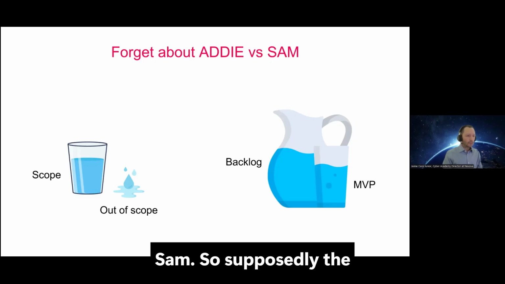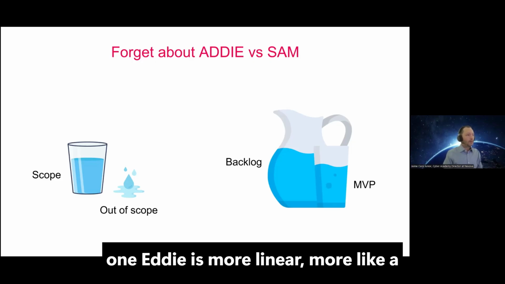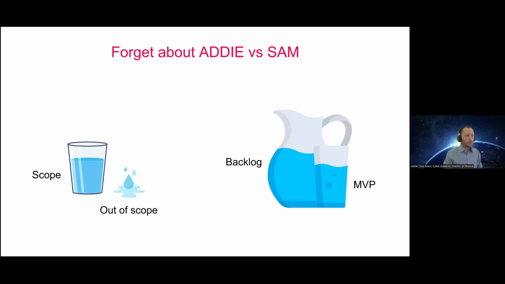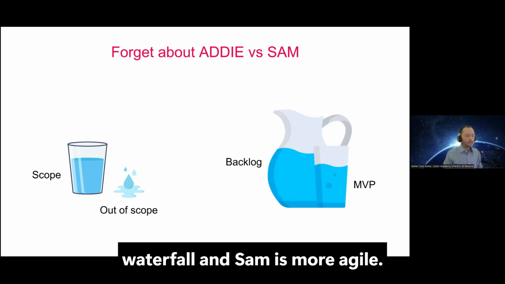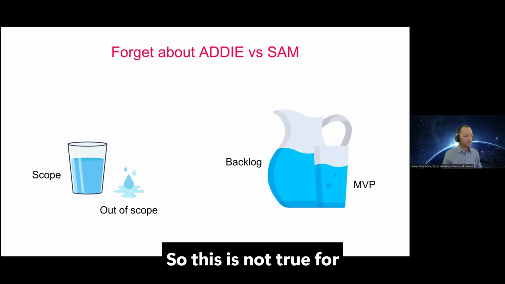So supposedly, ADDIE is more linear, more like waterfall, and SAM is more agile. So this is not true for many reasons.